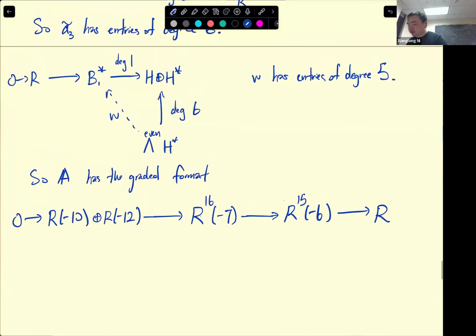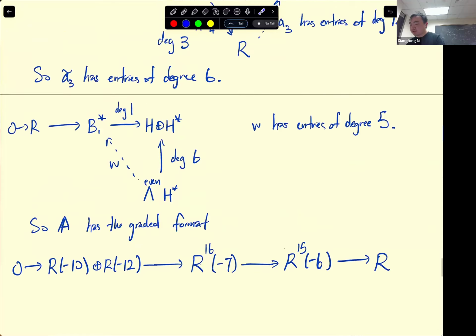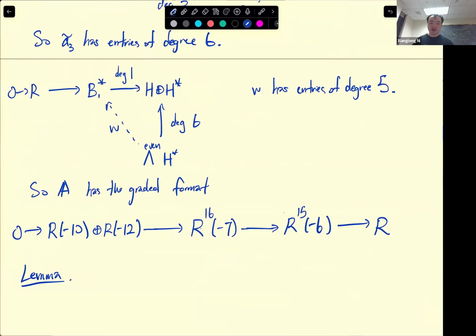So in order for A to actually be acyclic, one needs to know that this ideal actually has grade 3. This is something I forgot to mention before, but a technical lemma that is true. So let's say lemma. The entire set of spinor coordinates just depends on the starting Gorenstein ideal J, or more generally whatever self-dual module I'm resolving.